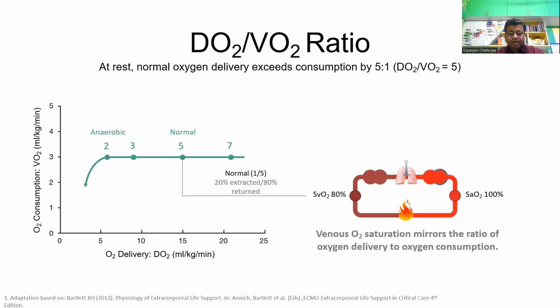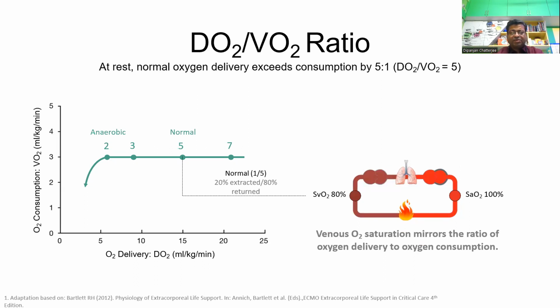And this excess oxygen delivery takes care that if there is an increased requirement in the tissues, then our oxygen requirement in tissues is met. But if somehow our delivery to the tissues is not adequate, so the delivery is not 5 times that of our requirement, still, once the delivery to requirement ratio comes down to approximately 3, the physiology is maintained.